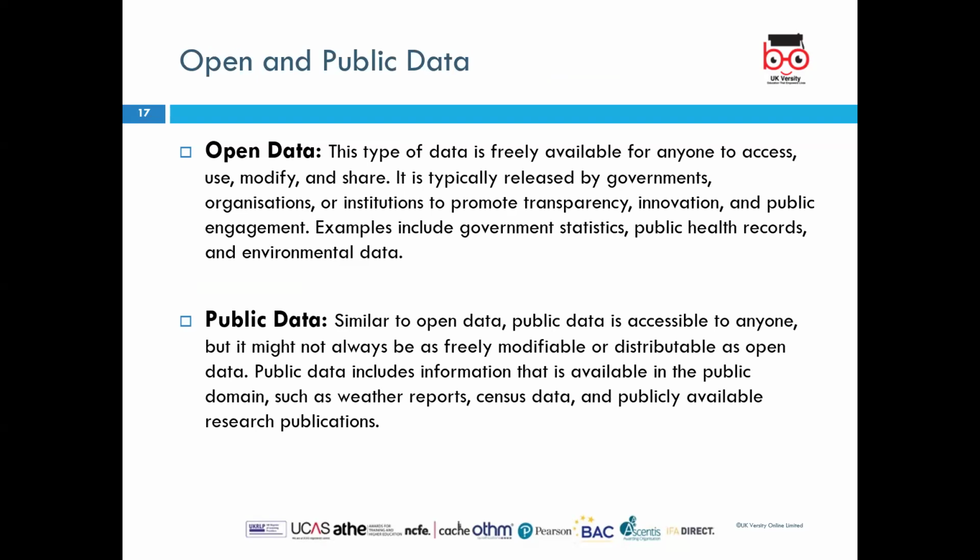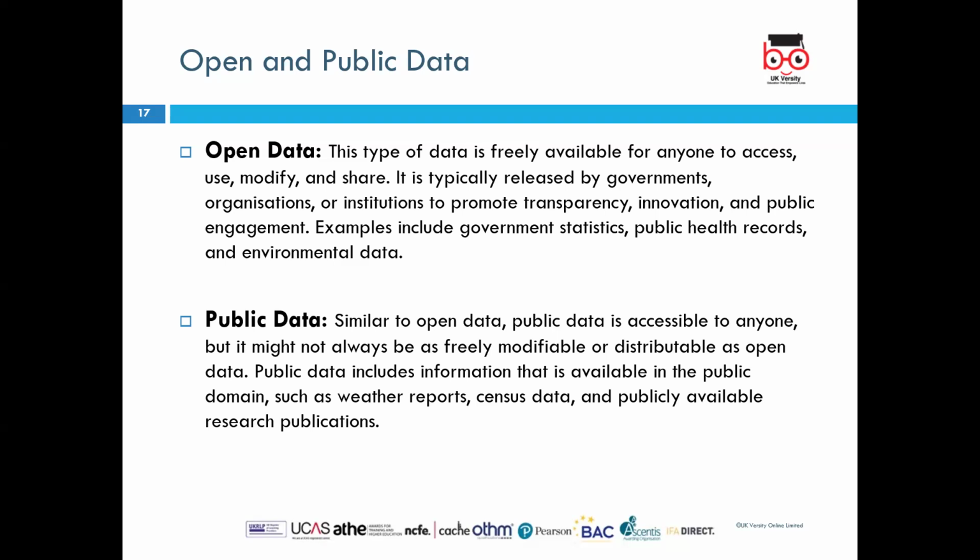So we have open data and public data. Our open data is freely available for anyone to access, use, modify, and share. Typically, for example, these are released by governments, organizations, or institutions to promote transparency and public engagement.